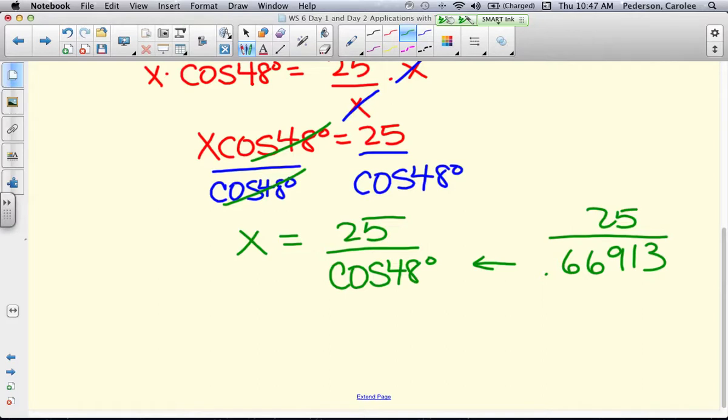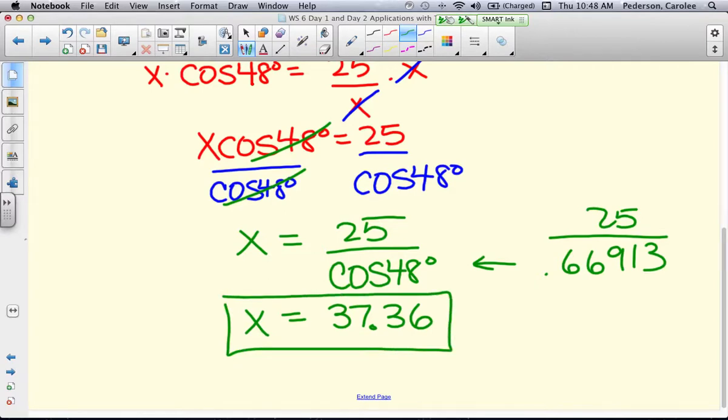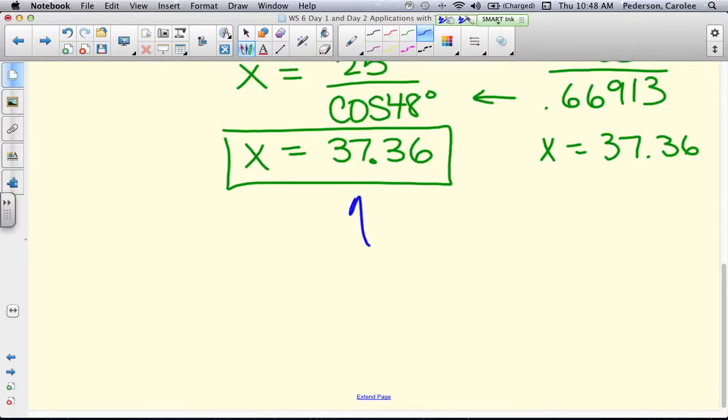So you would enter in 25 divided by the cosine of 48, finish off the parentheses. X equals 37.36 is your answer. Now let's just check it over here. 25 divided by 0.66913, x equals 37.36. We get the same answer. This one, we just entered it, the one on the left here, all in one shot in the calculator.